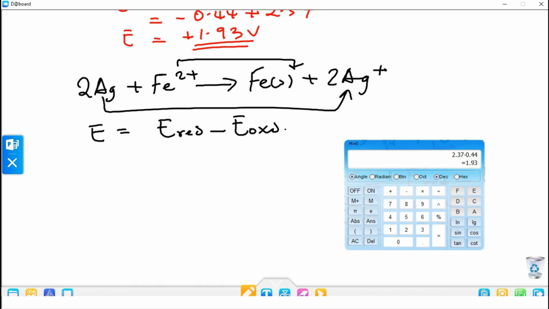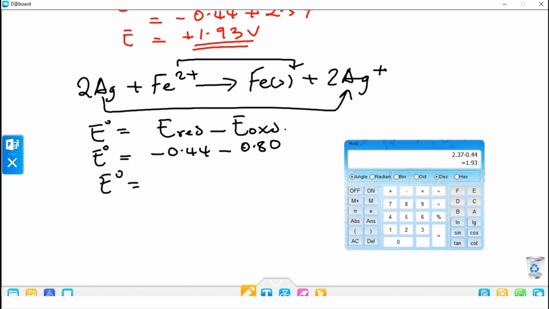Now, what would be our E reduction? E reduction is iron, and that is minus 0.44, minus E oxidation. What is E oxidation? That is for silver, 0.80. So what will it be finally?